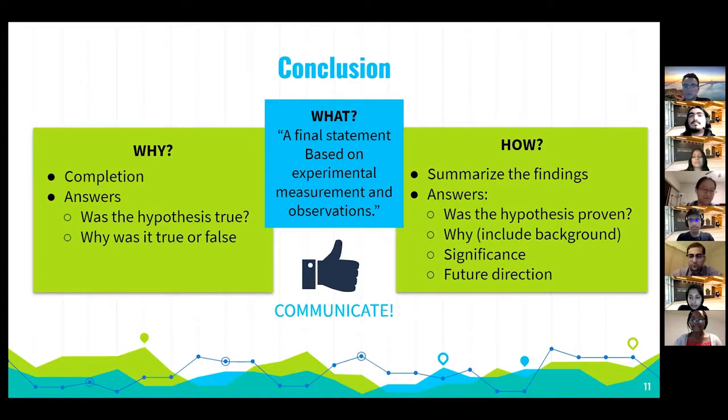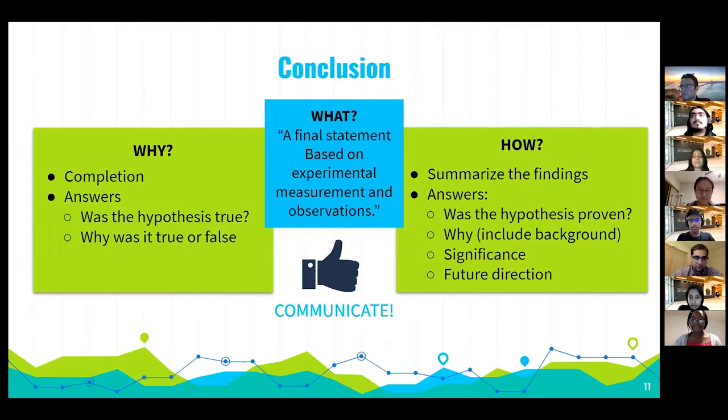And then you can continue on to answer why it was true if it was true, and why you think it was false if it was false. At this point, you can include some of your background information to validate your answers. And then you can go on to talk about the significance of your research. Why is it important that people have this knowledge? Why did you want to find the best way to make plants grow?